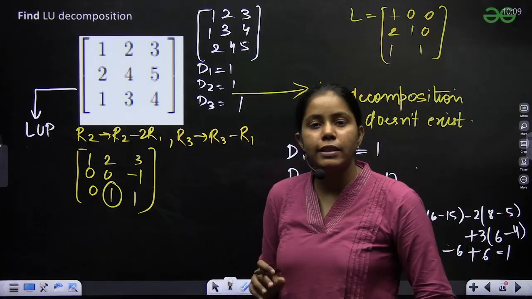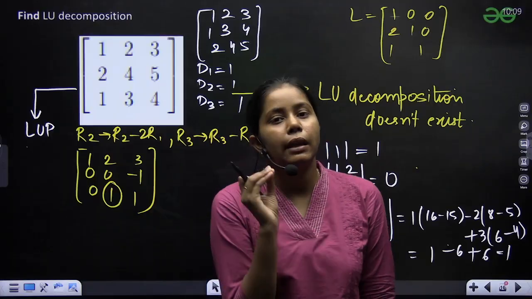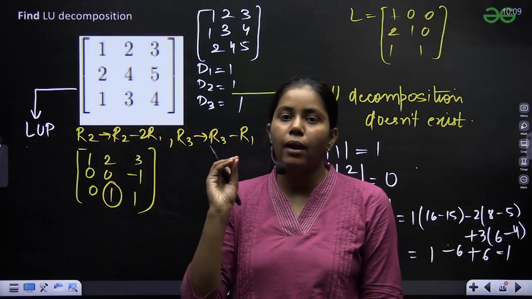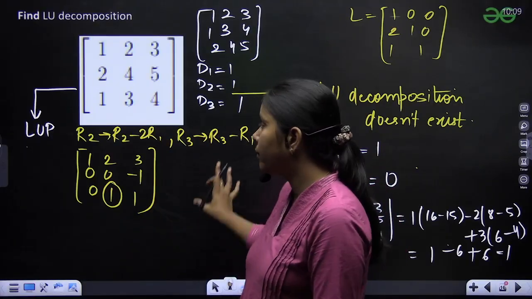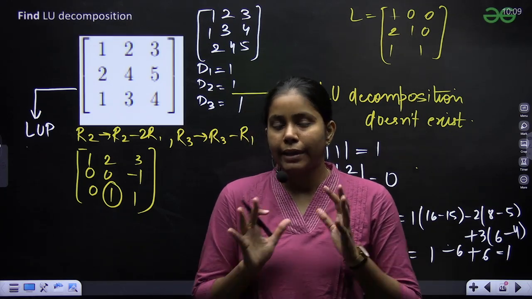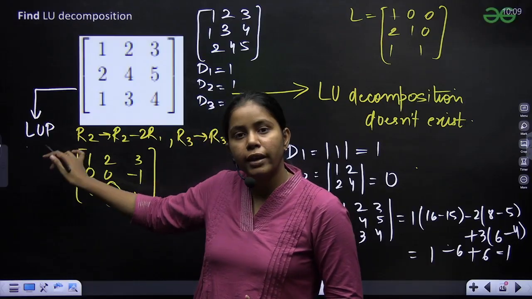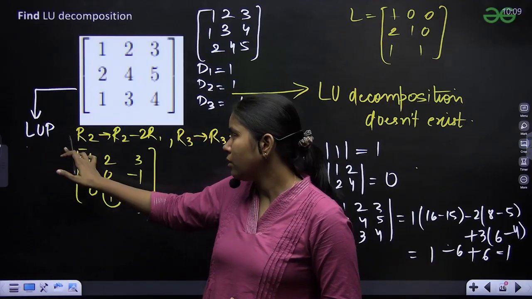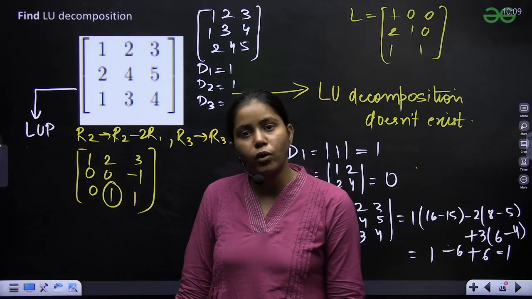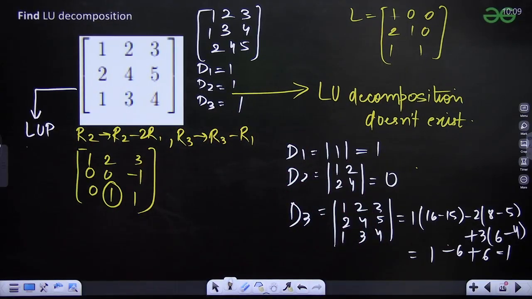So we always say that the LUP of a matrix always exists, but LU decomposition only exists if all its leading minors are non-zero. LU decomposition may or may not exist, but the lower and upper triangular factorization with permutation would always exist. I hope this point is clear.